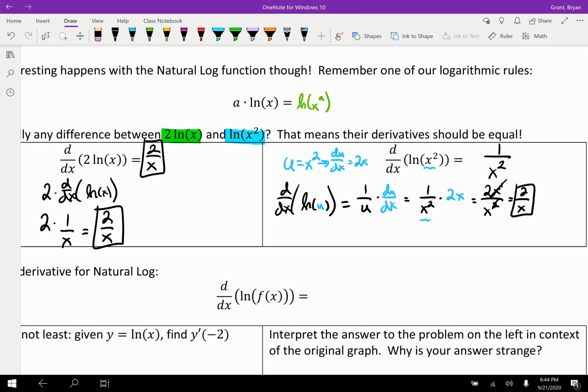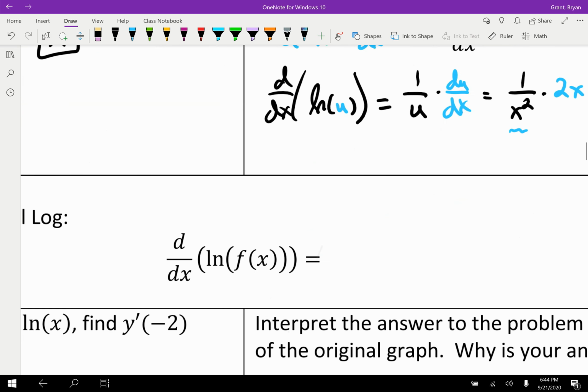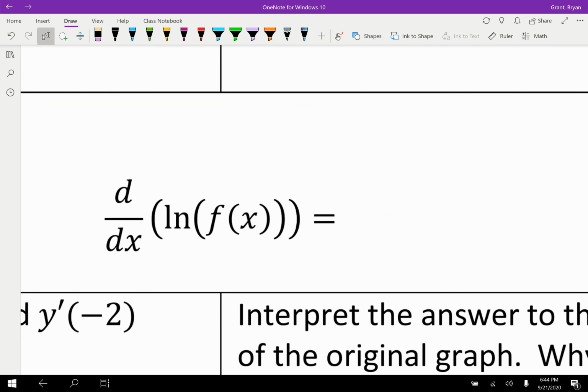And so that actually gives us an even more complete derivative for natural log, the same way that we did this with e to the x. And wow, I'm noticing my overuse of parentheses here, it's super cute. So when we take the derivative of this, we take whatever function's inside, in this case f of x, and it becomes 1 divided by whatever's inside.